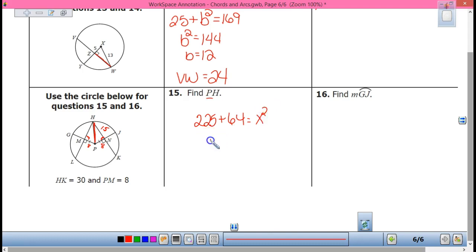So I get 289 equals x squared. So PH equals 17. Okay, not so bad, right? Yes, no? Okay.